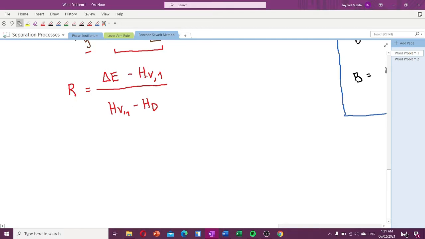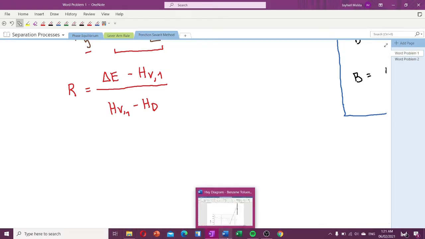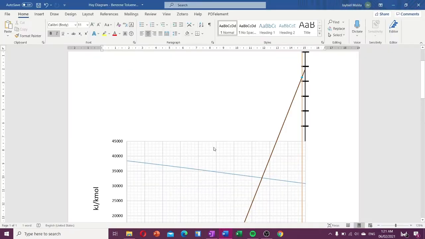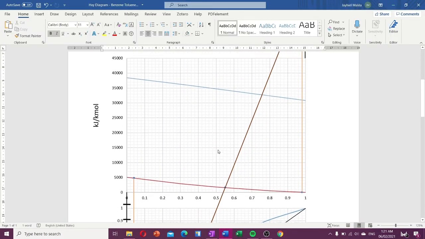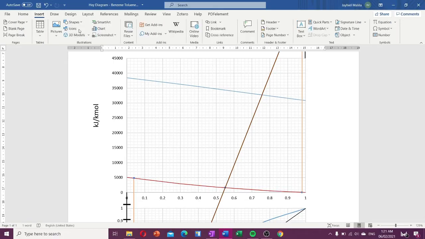That is the reflux ratio, that's the delta E. The HV1 is actually the enthalpy of the vapor form of the distillate in the first stage. That's the enthalpy the moment the topmost stage, stage number one, released its vapor containing the distillate product, but in vapor form. If you want to locate the value of HV1, it's actually here. This is the value of HV1.